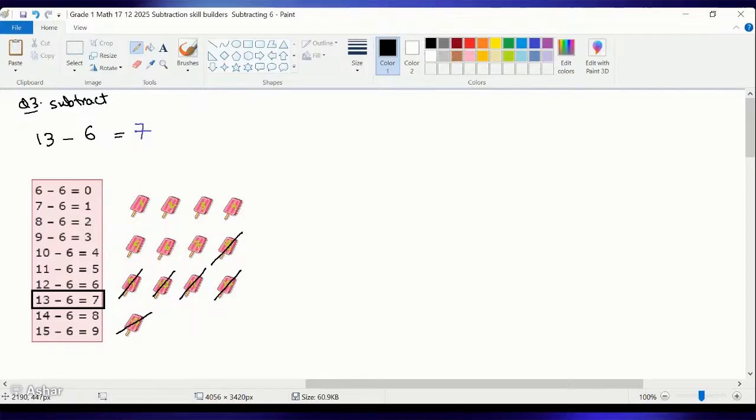How many are left? Okay, we are left with 7. We can see 1, 2, 3, 4, 5, 6, and 7. So our answer is 7.